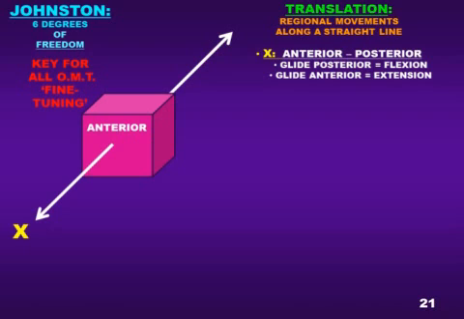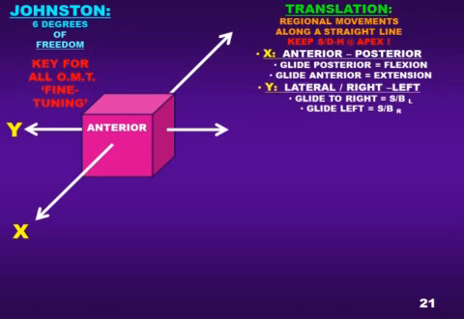So if this block represents a vertebra, if we glide it backwards along a straight line, we introduce flexion. If we glide it forward, we introduce extension. And whenever you do that, keep the dysfunctional area at the apex of the curve because then you get the maximum motion potential at that site. And because of the third law of spinal mechanics, you restrict everything above and below it. And so you're localizing your forces right to the key dysfunctional area.